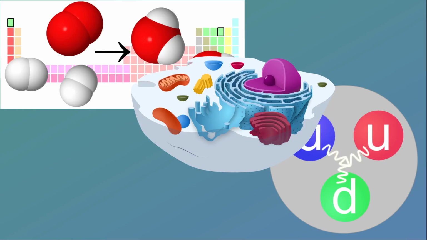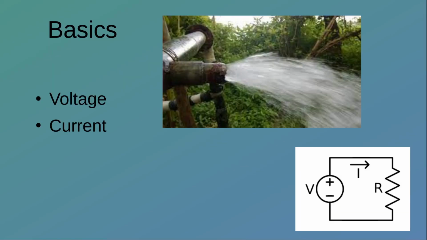So let's think about the basics of electricity. Well, ironically, we can compare it to water. Water, when it's going through pipes, has pressure and it has a volume. By this broken pipe, we can see there's a lot of volume coming out of there, and it looks like there's a pretty decent amount of pressure as well.